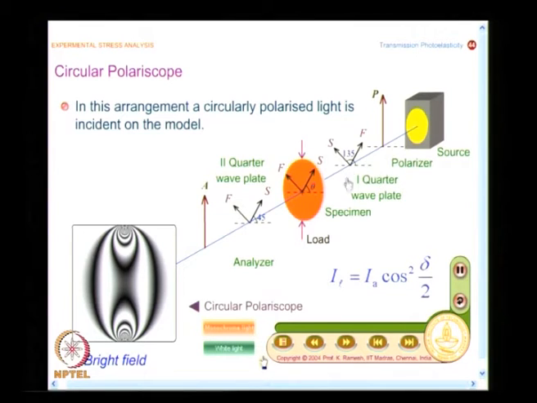What I have in the first quarter wave plate and what I have in the second quarter wave plate are aligned such that the slow axis of the second quarter wave plate is perpendicular to the slow axis of the first quarter wave plate, and I have the polarizer, and what I see here is I keep the analyzer parallel to the polarizer, then I have the background as bright.